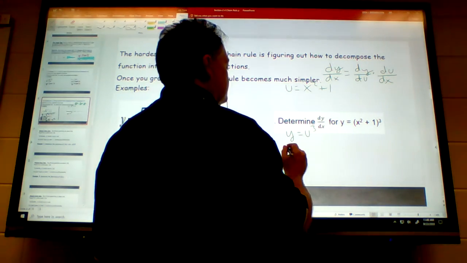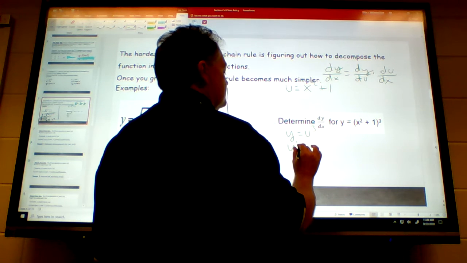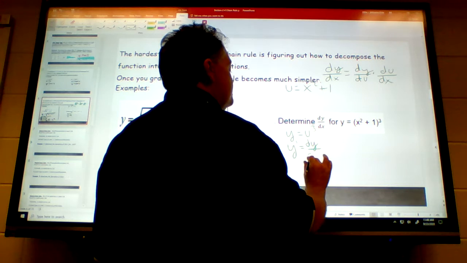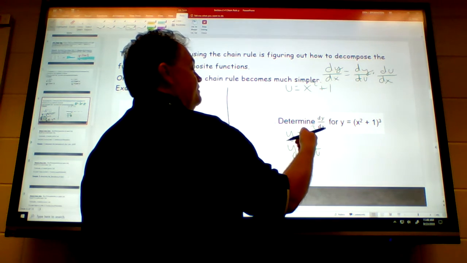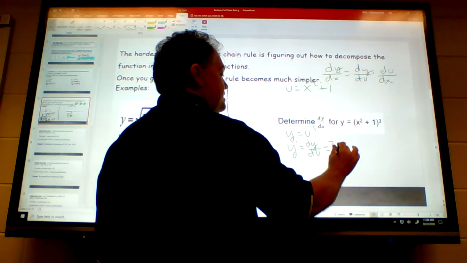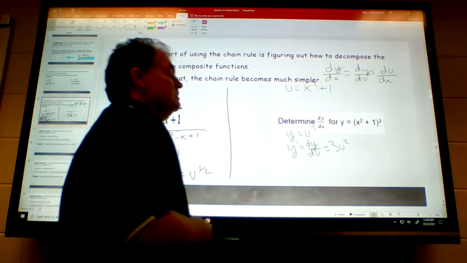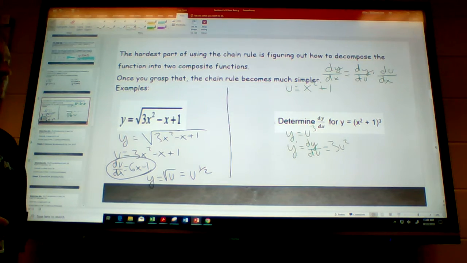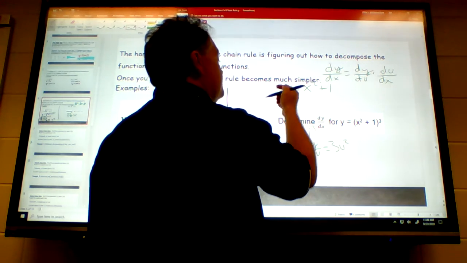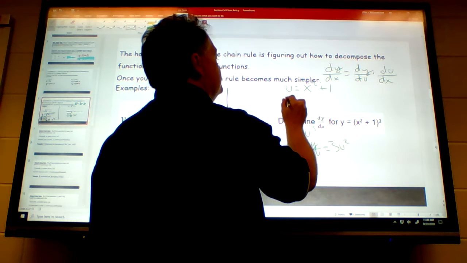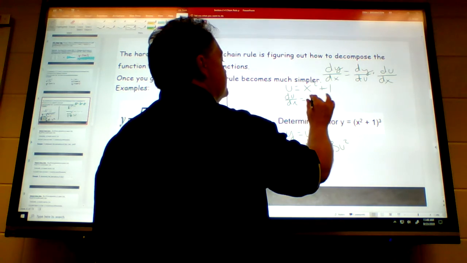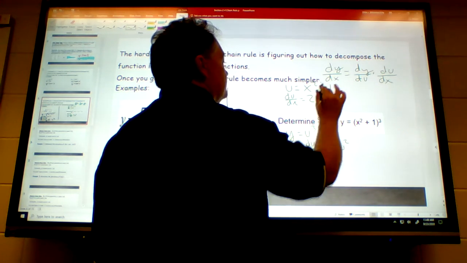Here's what we're talking about. y prime, in this case, is dy over du, because it's the derivative of y in terms of u, which in this case is 3u to the second. Okay, now, what is the derivative of u in terms of x? So du over dx equals, in this case, 2x squared.